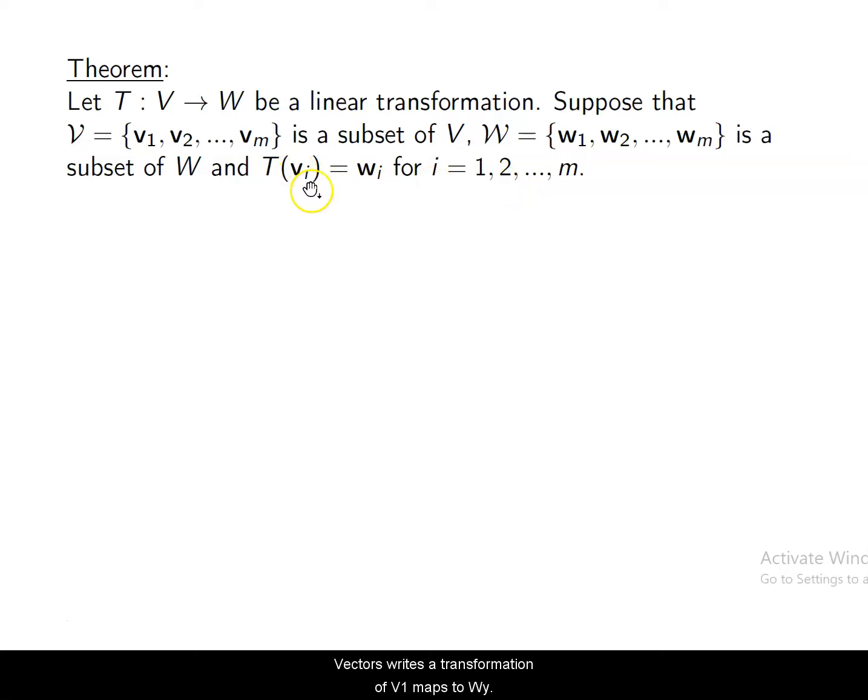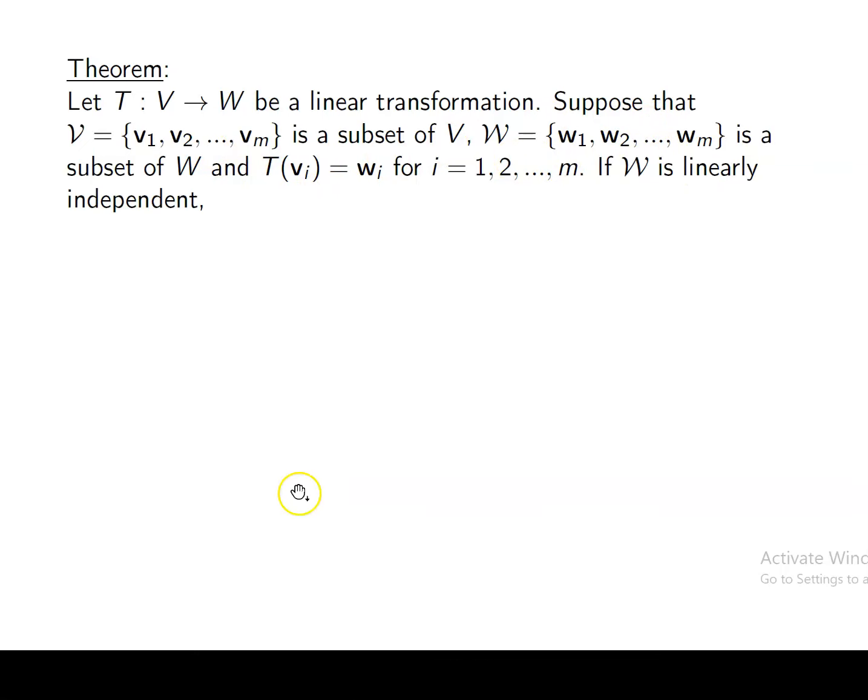So transformation of v1 maps to w1. Transformation of v2 maps to w2, and so forth for all the vectors. So if this set of w's is a set of linearly independent vectors, then so are these vectors as well. Okay.